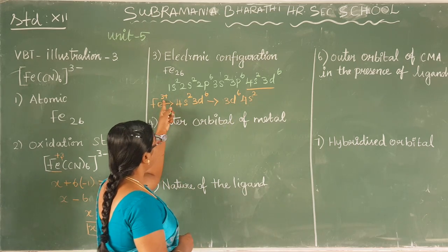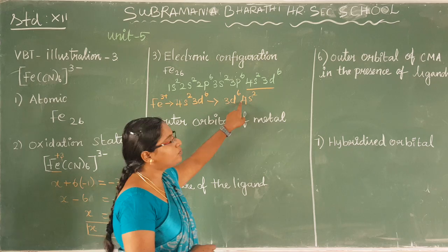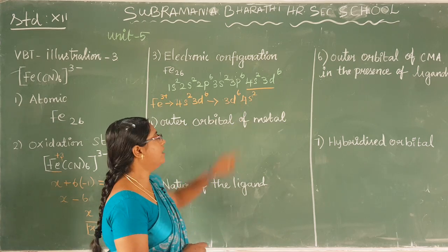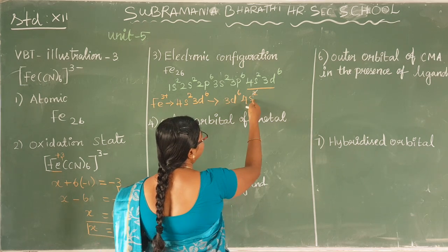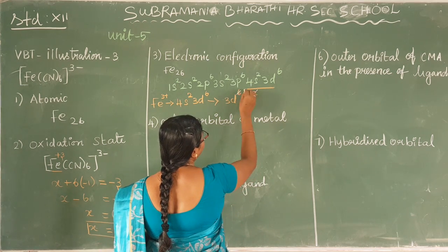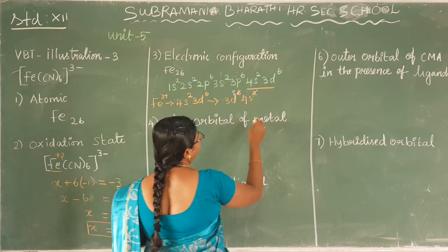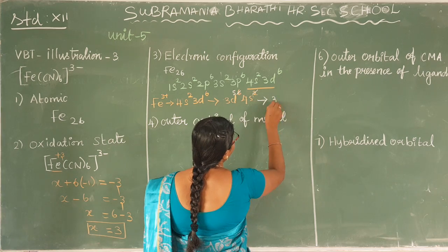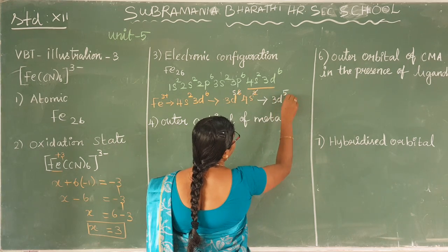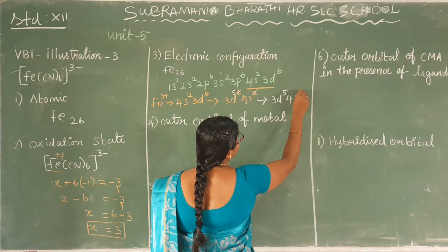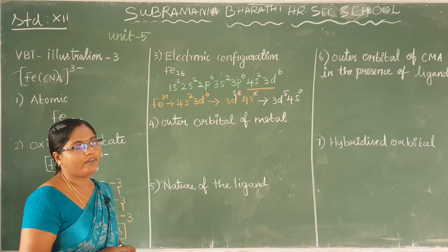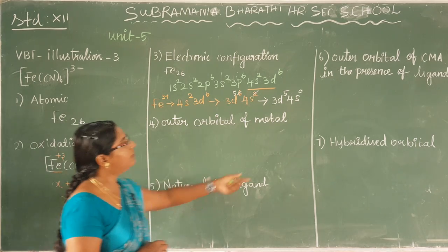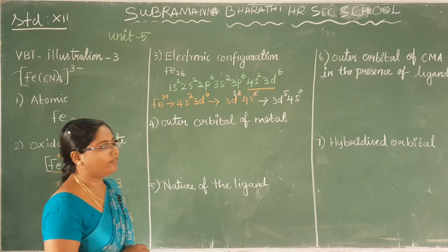If I remove 3 electrons, 2 from the s orbital and 1 from the d orbital, I will have 3d5. So at last I have written 3d5 4s0. This is our outermost electronic configuration.